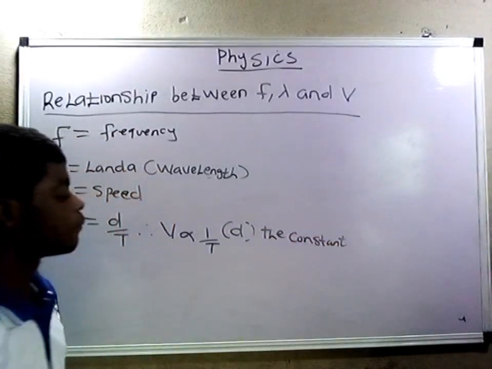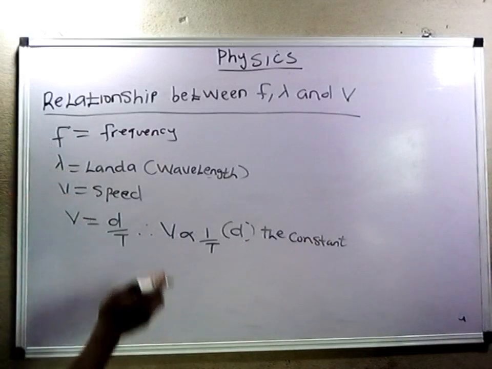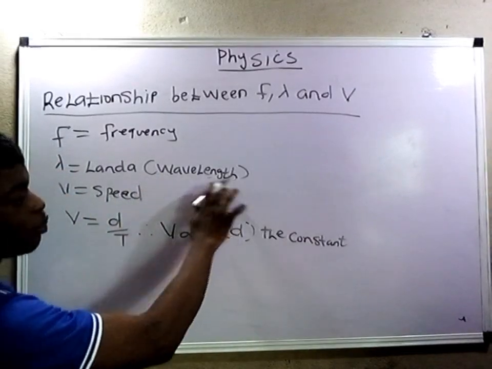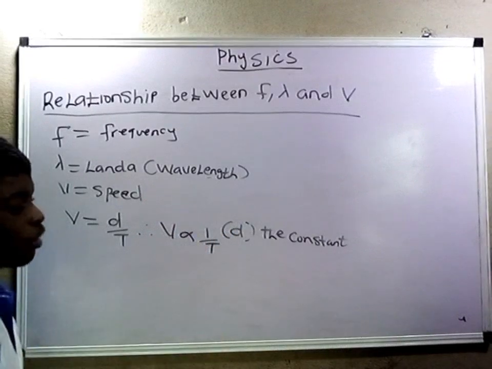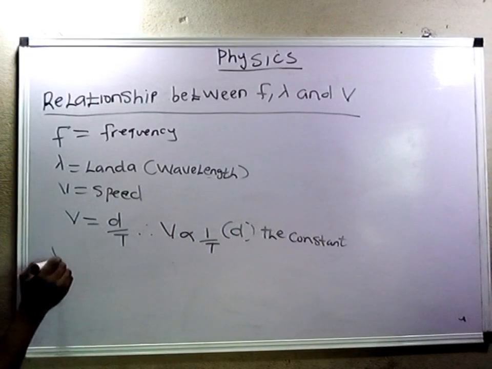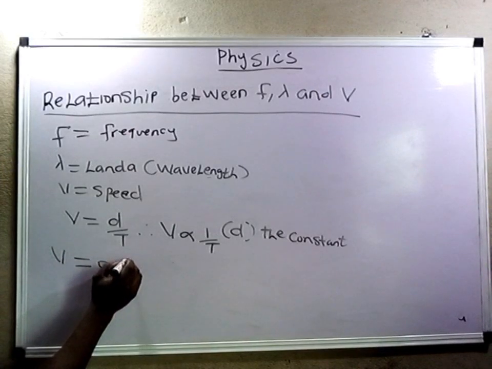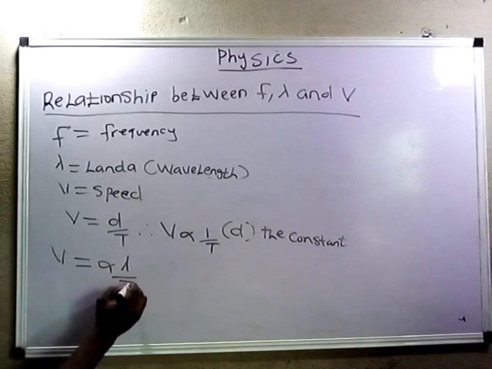We can replace this d with lambda, that is wavelength, which means distance. So V is proportional to lambda over t.